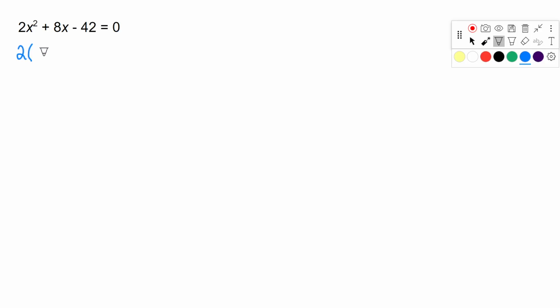To get 2x squared, I would have to multiply x squared with the 2. To get 8x, I would have to multiply 4x with the 2. And to get negative 42, I would have to multiply negative 21 with the 2. So 2 is one of my factors, but I don't need it as I factor the expression x squared plus 4x minus 21.